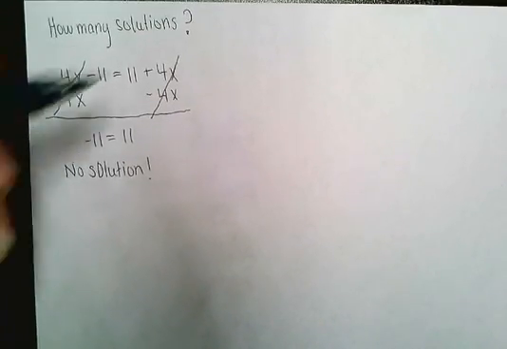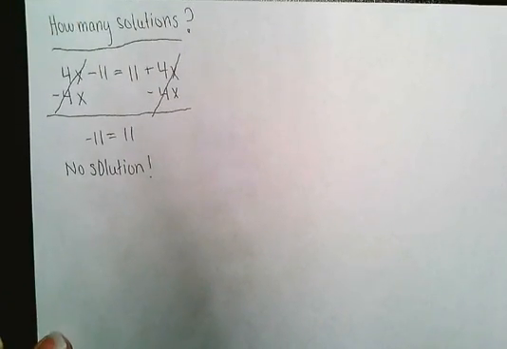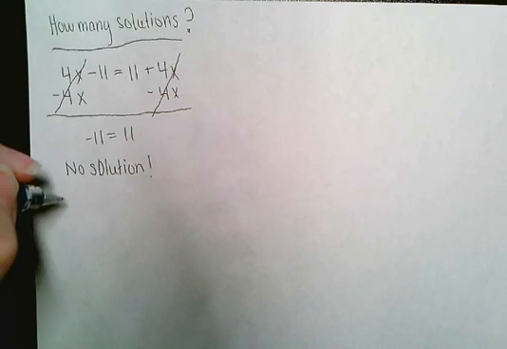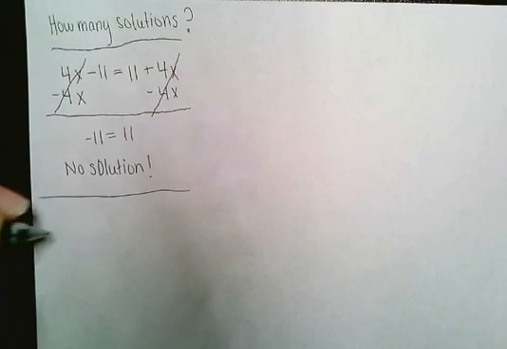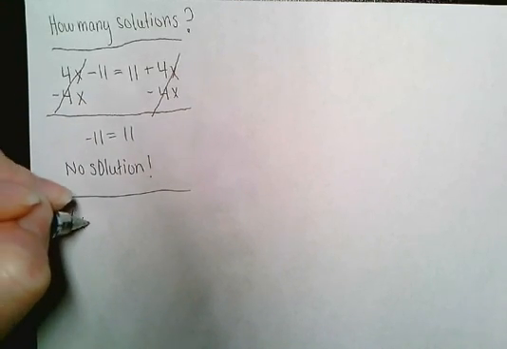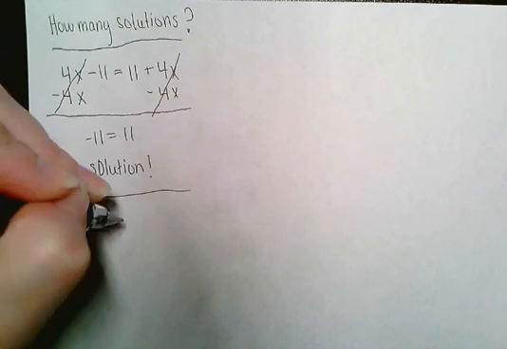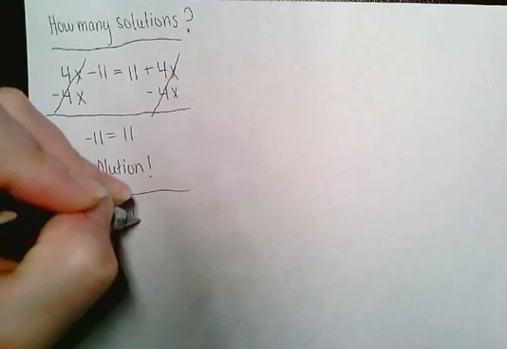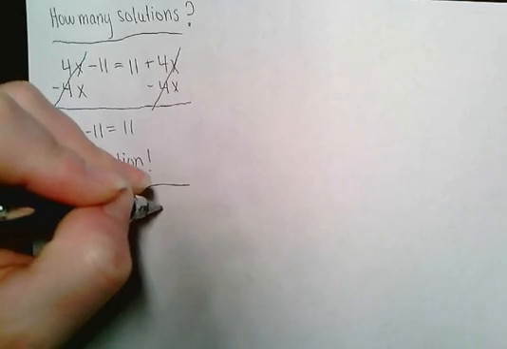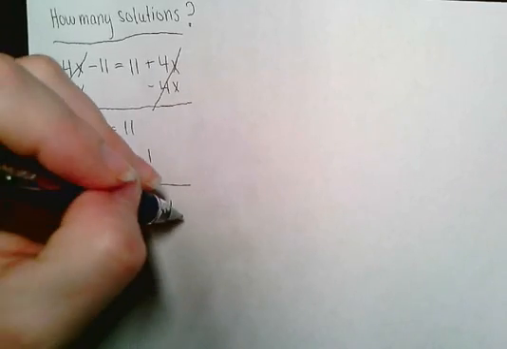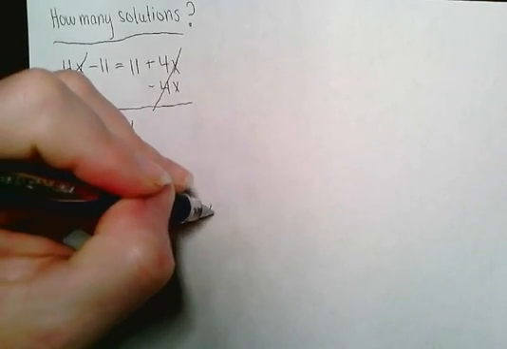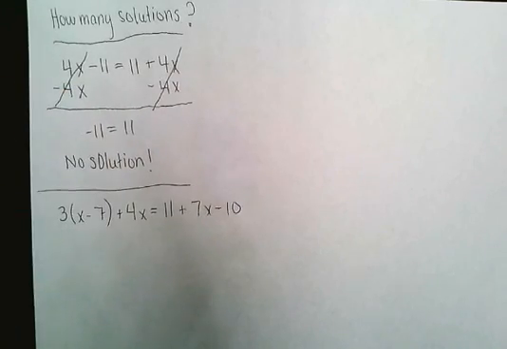All right, let's take a look at another example. In this next example, I have 3 times x minus 7 plus 4x equals 11 plus 7x minus 10.